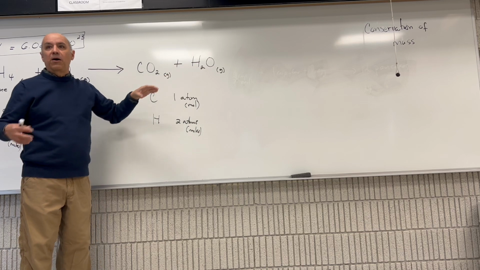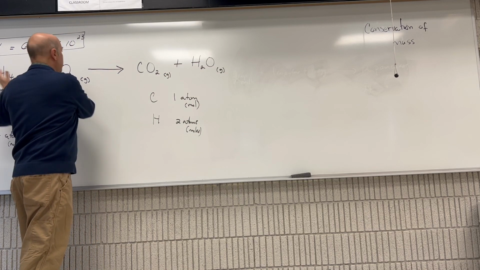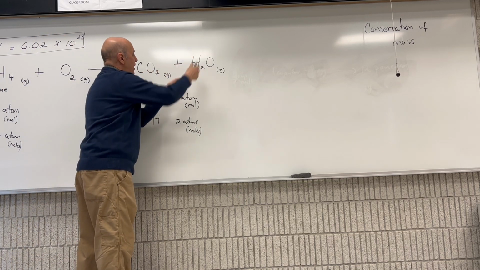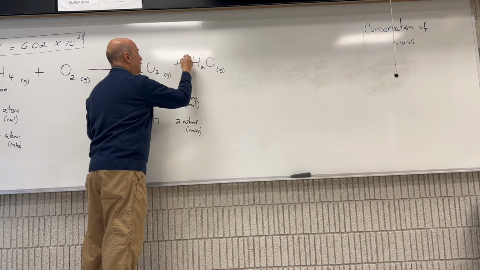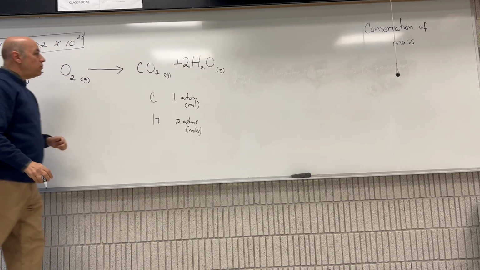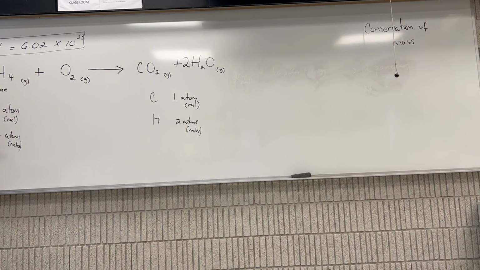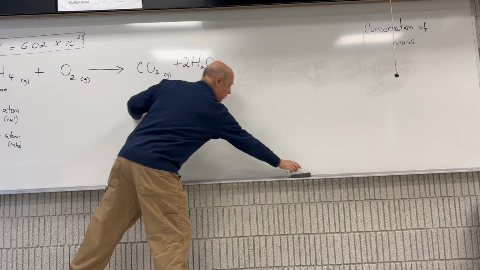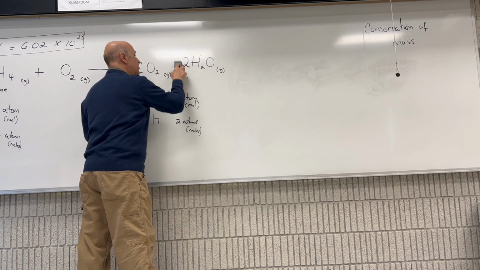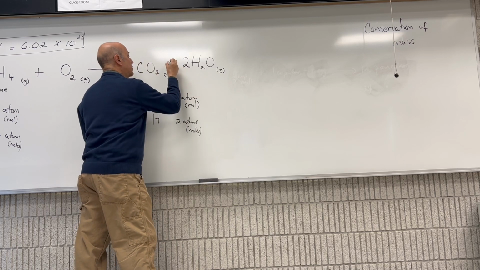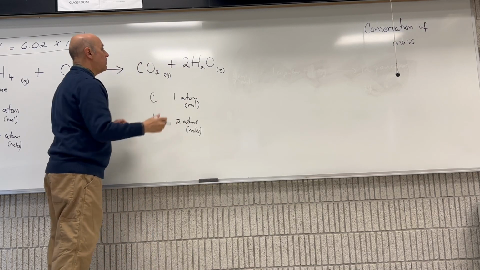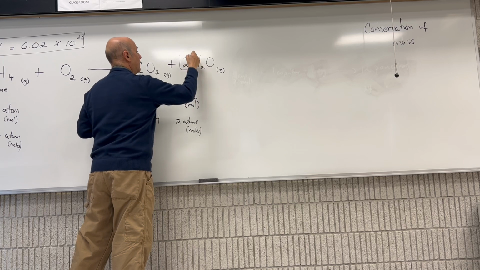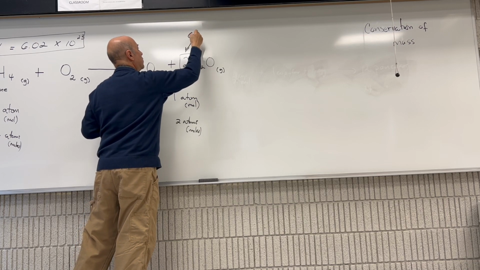I can say, you know what, with 1 methane, I produce not 1 water, but I actually produce 2 waters. So how do I indicate the amount? By using something called a coefficient, which is a number in front of a chemical, not as a subscript, not as a superscript, but in front of the whole chemical, like so. So this is called a coefficient.